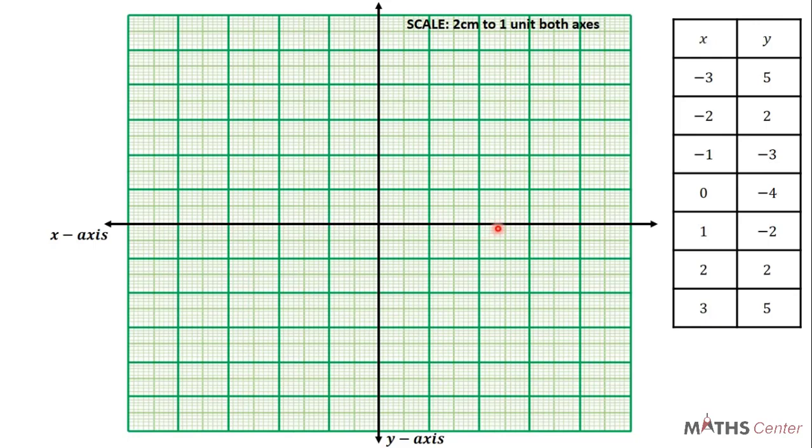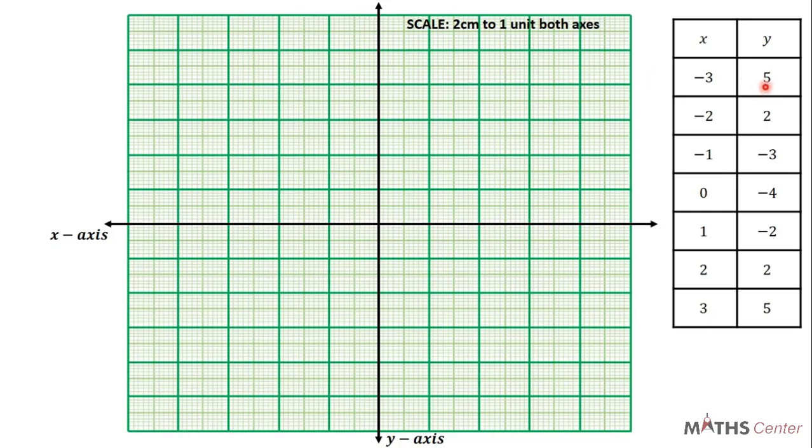If we draw our x-axis here, it will divide our y-axis into the upper part and the lower part. As you have seen, the positive values will be on the upper part and the negative values will be on the lower part. When our x-axis is here, and we use a scale of 2 centimeters to 1 unit on the y-axis, you will see that we will have 0 here, then we will have 1, 2, 3, 4, 5, 6 here.